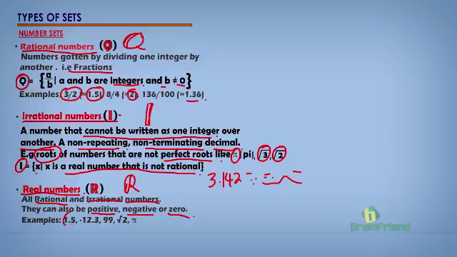Examples are 1.5, which is a rational number, minus 12.3, which is a negative fraction, 99, root 2, which is an irrational number, and our pi, which is also a type of irrational number. All of this make up our real number.